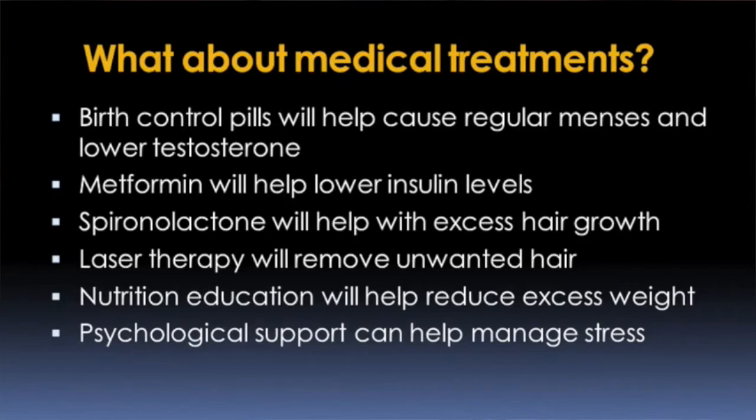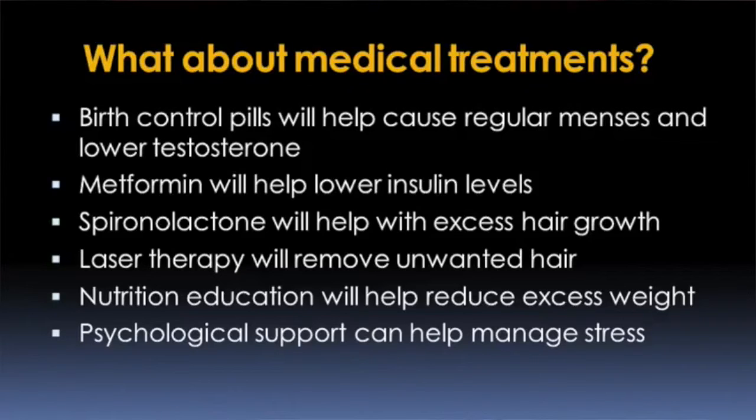A healthy lifestyle is the cornerstone of treatment for polycystic ovary syndrome. This includes maintaining a healthy weight, getting plenty of exercise and sleep, and for women who smoke, making all efforts to discontinue smoking. There are also medical treatments available for polycystic ovary syndrome. Birth control pills will help cause regular periods and will also help lower testosterone levels.